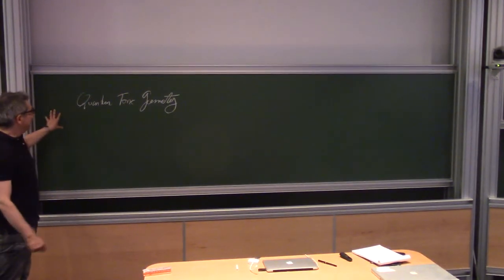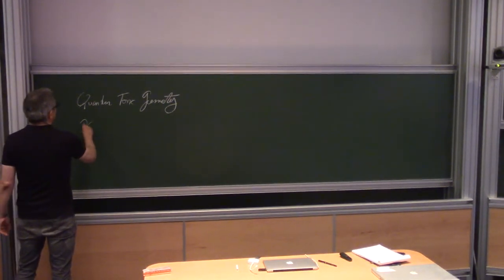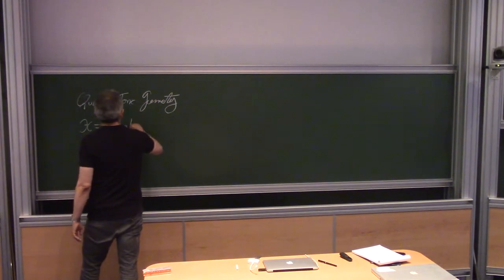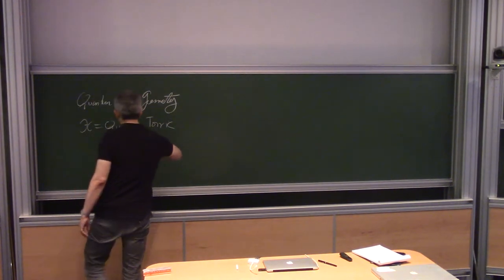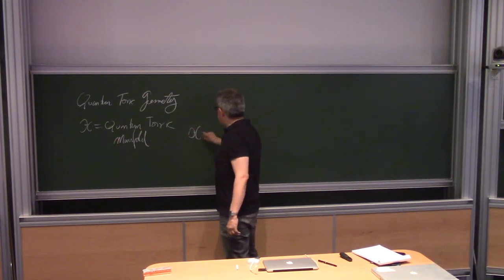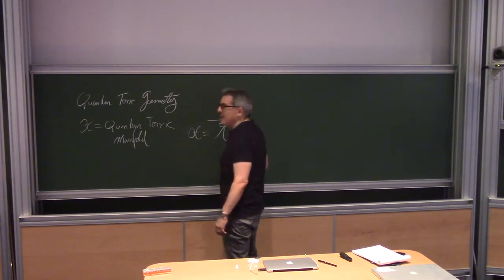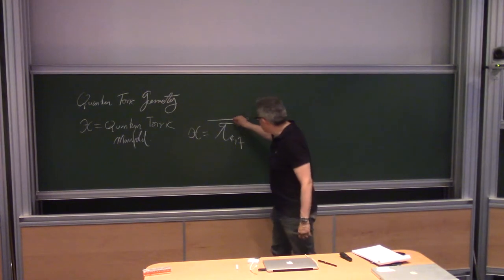But well, what we have is quantum toric manifold. I mean, quantum in the plain sense. X is an equivariant compactification of a quantum torus.